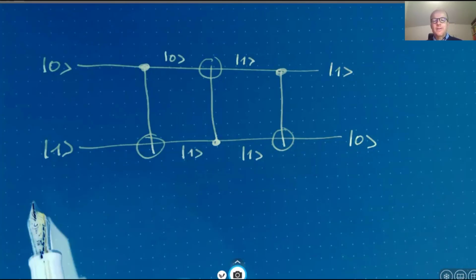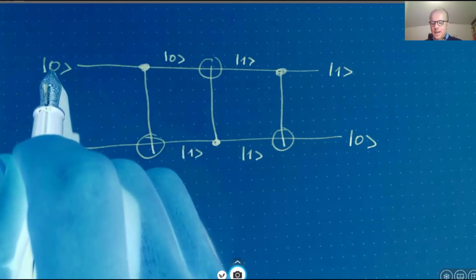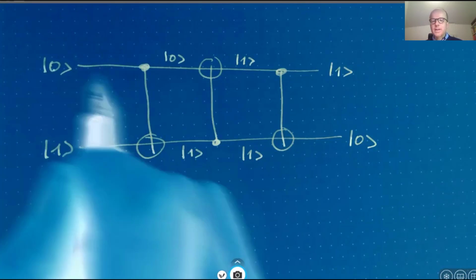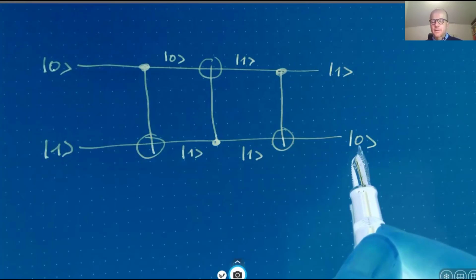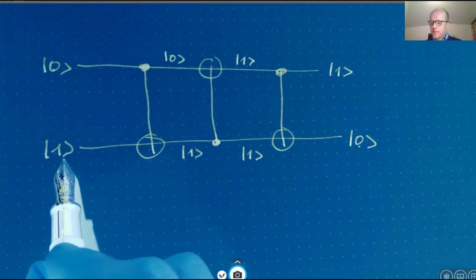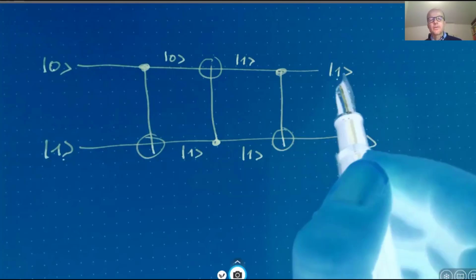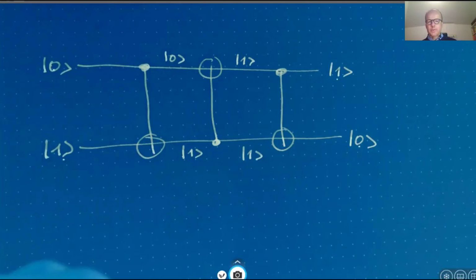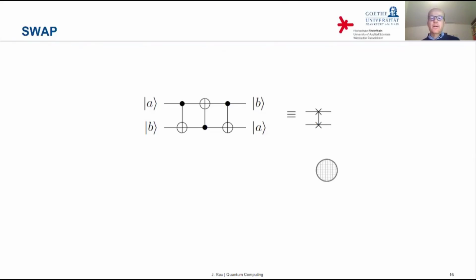So you see that the net effect of these 3 gates is that the state of the upper qubit became the state of the lower qubit, and the state of the lower qubit became the state of the upper qubit. The 2 states are swapped. And since this is a combination which occurs more often, it has its own symbol that you see on the right-hand side with the 2 crosses here, and that's called the swap gate.